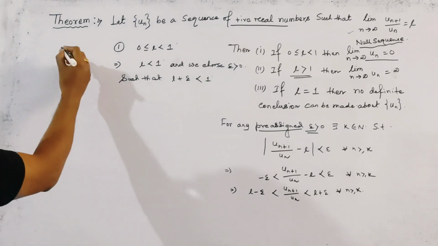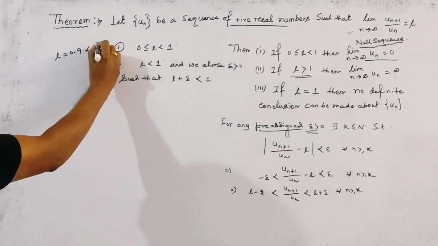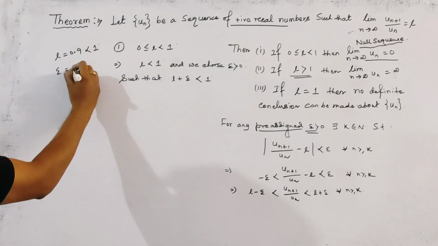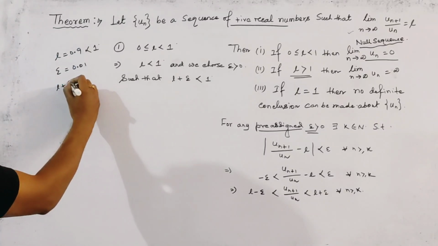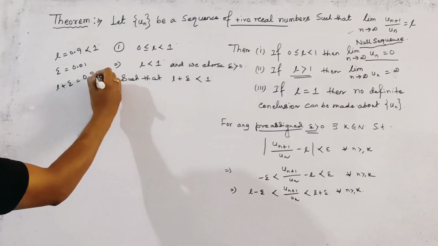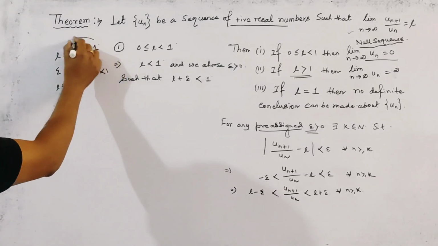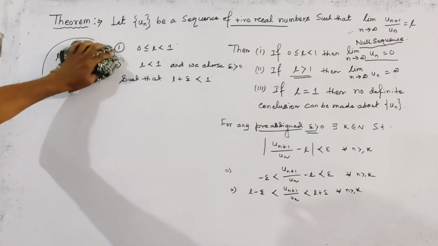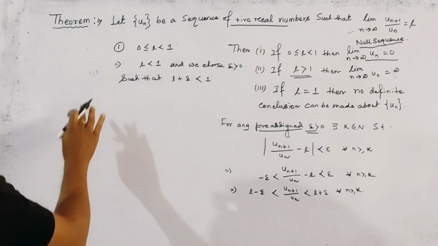For example, if L is equal to 0.9, which is less than 1, then we can choose epsilon equal to 0.01, and it is clear that L plus epsilon is equal to 0.91, which is also less than 1. So we choose epsilon like this. Okay, so we get the result L plus epsilon less than 1.